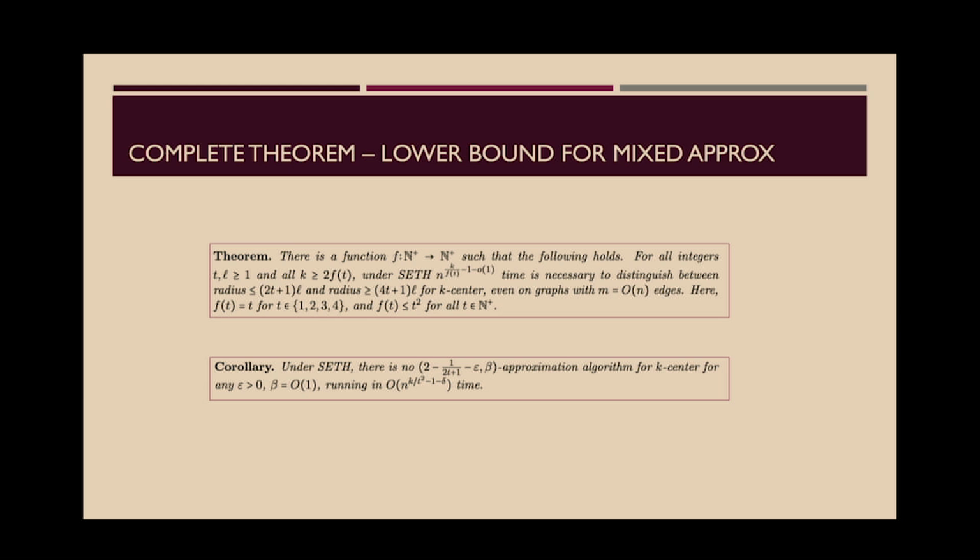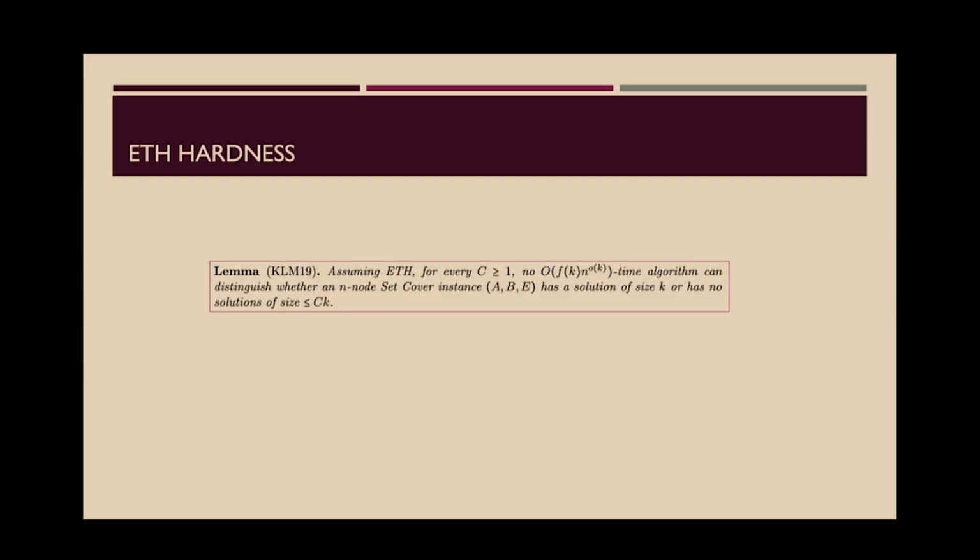In general, we can't get a better than 2 multiplicative approximation, even when we allow this additive error, without having a k in the exponent of the runtime here. We can't have this be just a pure polynomial in n. And under ETH, this is still hard. So I think we heard about set cover hardness under ETH.